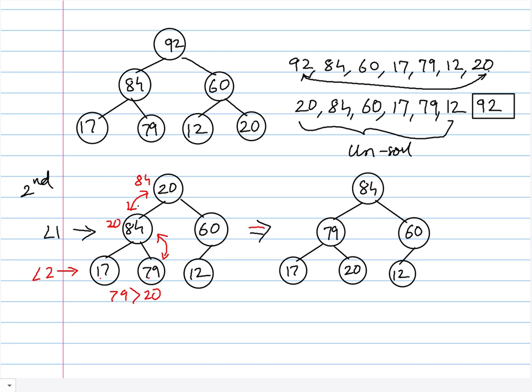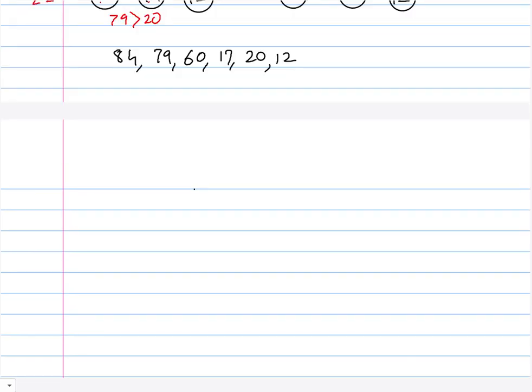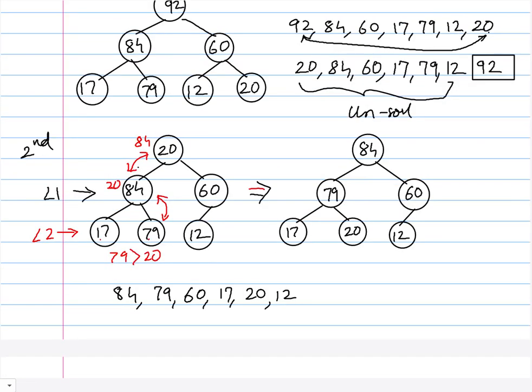So our max heap is ready. Now if you rewrite the array elements, they consist of 84, 79, 60, 17, 20, and 12, and your sorted part was having only one element, that is 92. Now we'll remove the root.